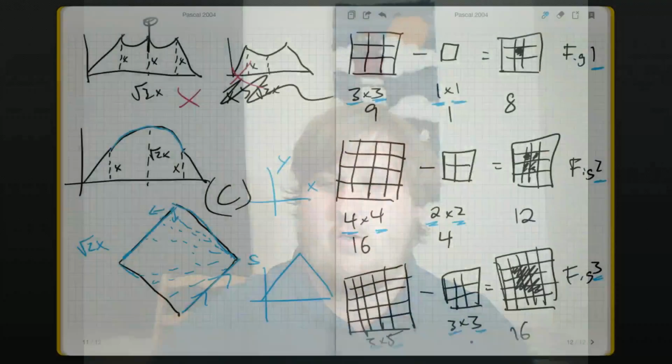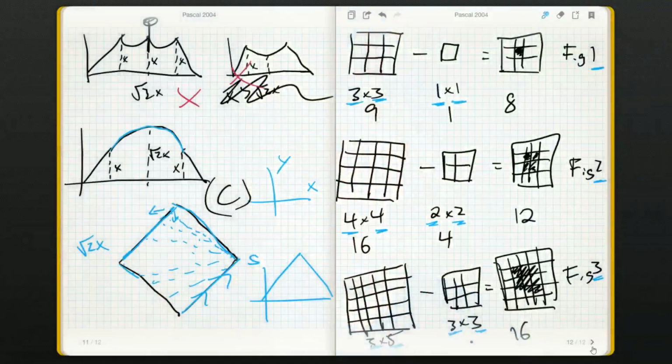Just like we had a 1 plus 2 by 1 plus 2, 3 by 3, minus a 1 by 1 for figure 1. And we had a 2 plus 2 by 2 plus 2, so 4 by 4 grid, minus a 2 by 2 grid for figure 2. Okay, so either way we do it, that's fine. So I'll sort of make note of both patterns.